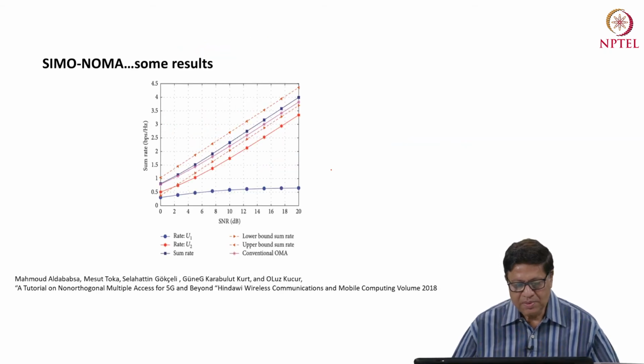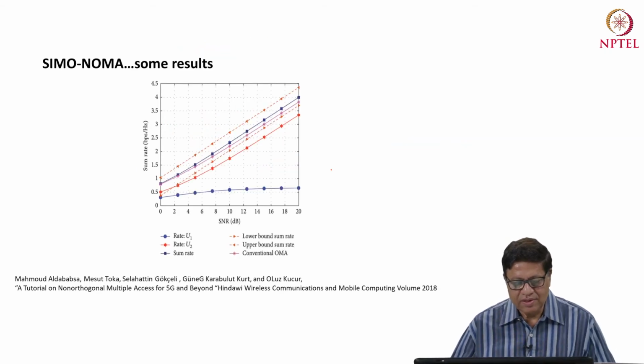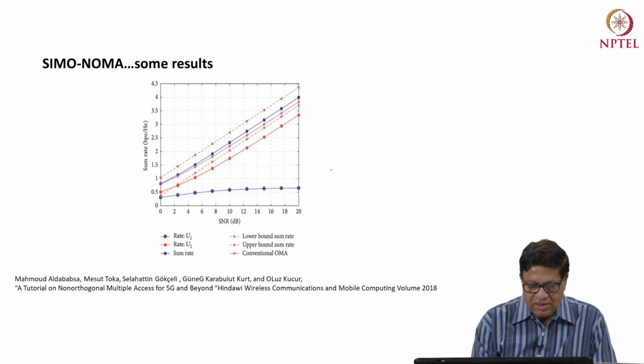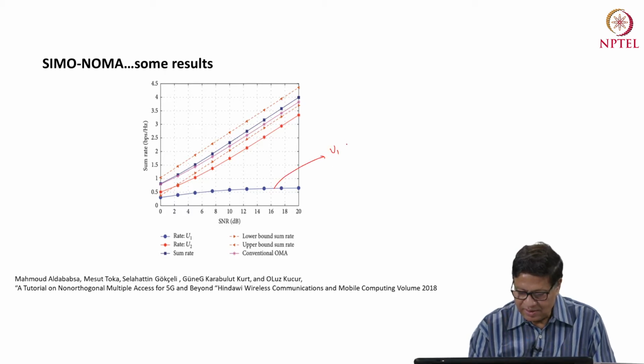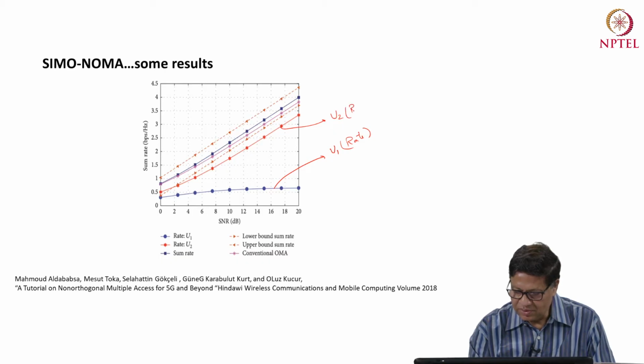These are some of the results of single input, multiple output NOMA. If you see, this is user 1, this is the rate for user 1, and this is user 2, the rate of user 2.